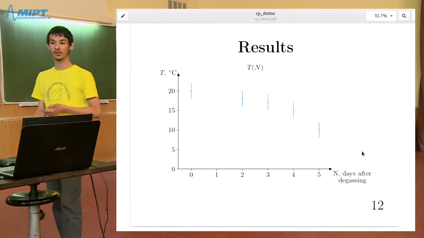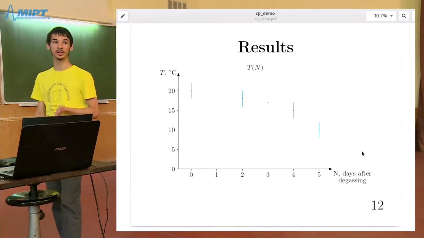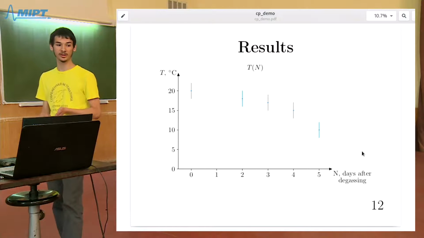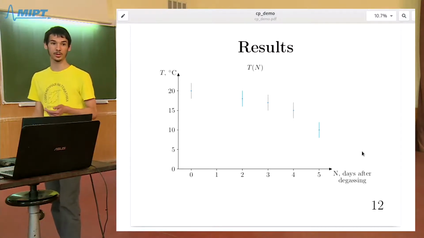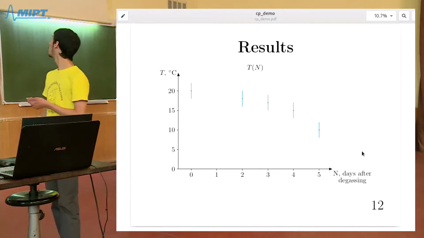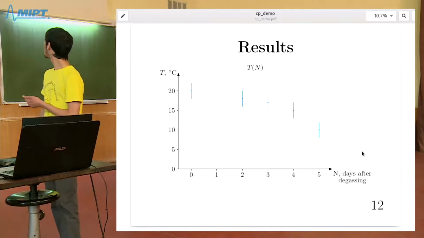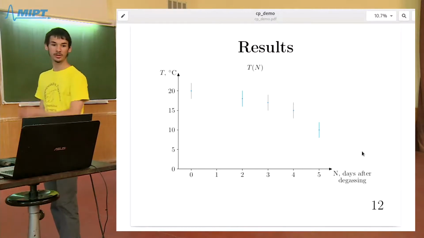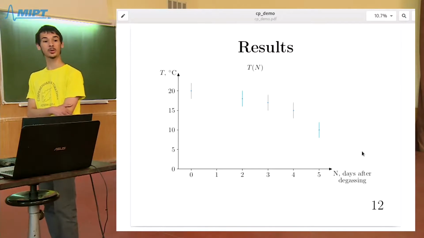The only way to measure gas content was to count days after we had degassed the water, because it stayed in the flask and the concentration of gases increased over time. So we get the dependence shown on this plot. It correlates with our predictions.